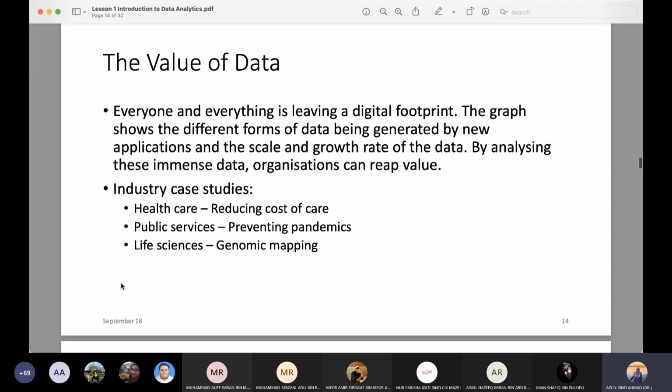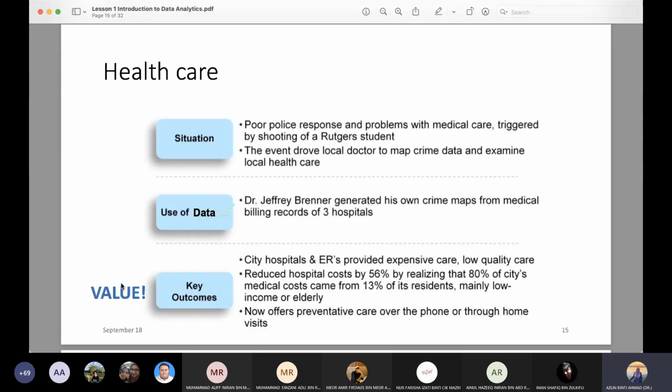Okay, let's look at the first case study, how data, okay, the simple data can be used for other solutions. Okay, here the situation is a poor police response and problems with the medical care triggered by the shooting of the Rutgers student, and the event drove a local doctor to map crime data and examine local healthcare.